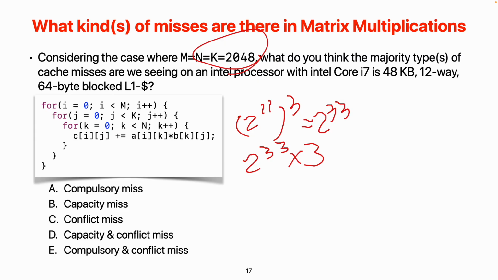Remember, what's the definition of compulsory misses? The first time we load data into the cache. When we put data into the cache, what's the unit of data?